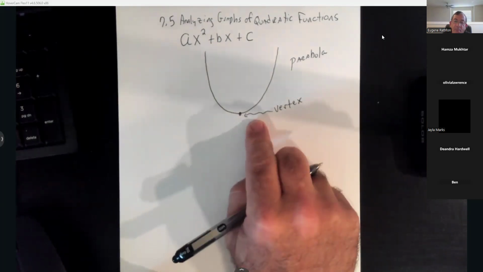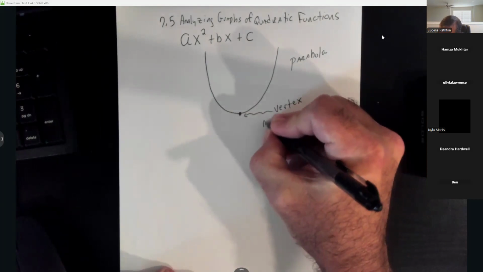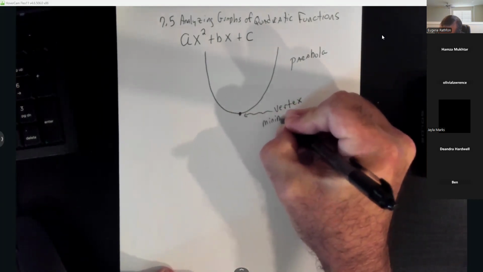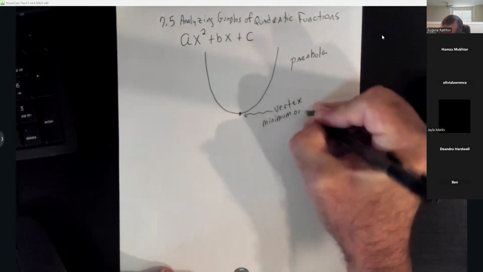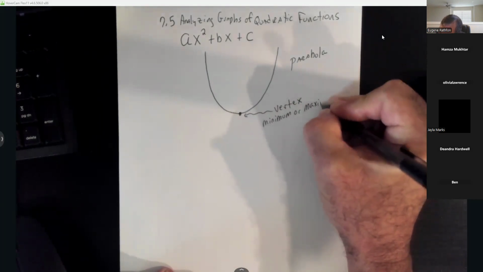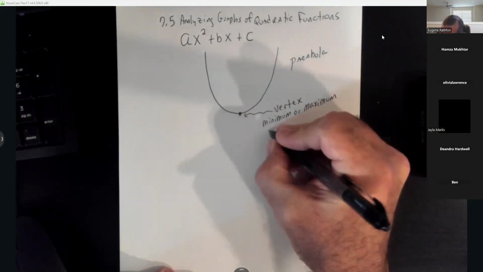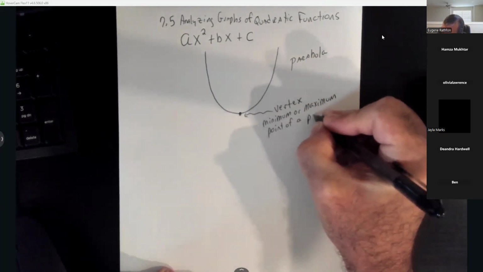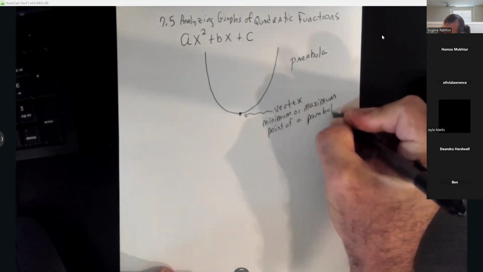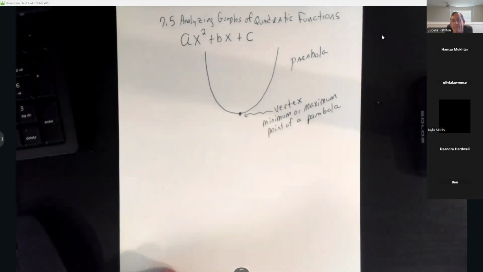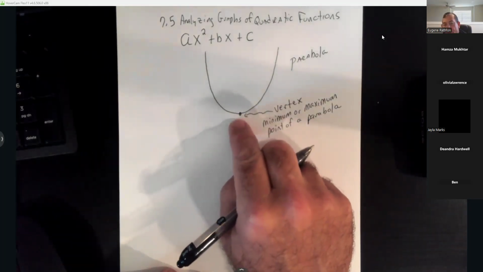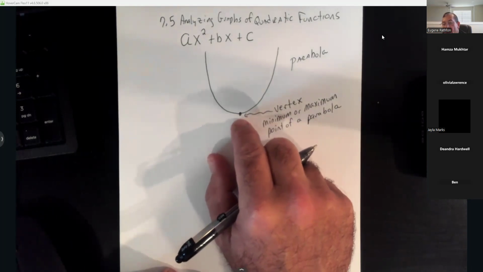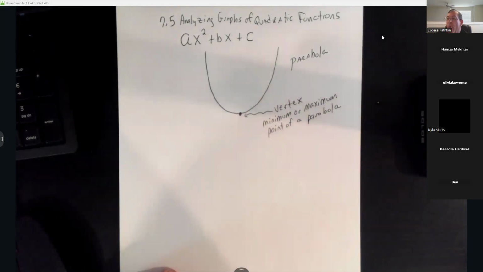So the vertex is the minimum or maximum point of a parabola. Okay, so this will tell me the lowest y value if it's a minimum or the highest y value if it's a maximum.